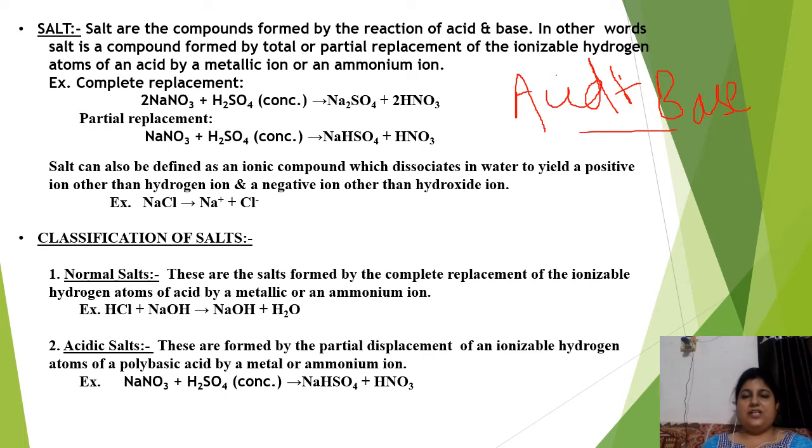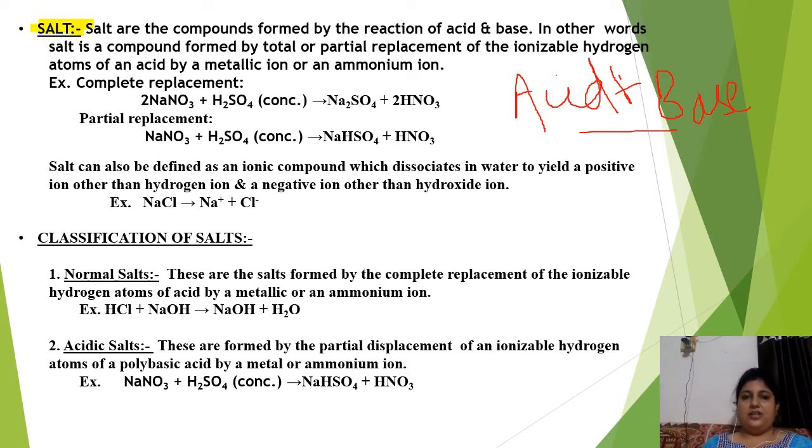So basically, salts are the compounds which are formed by the reaction of acid and base. We can also say that when acid neutralizes the base, it results in the formation of salts. Okay?